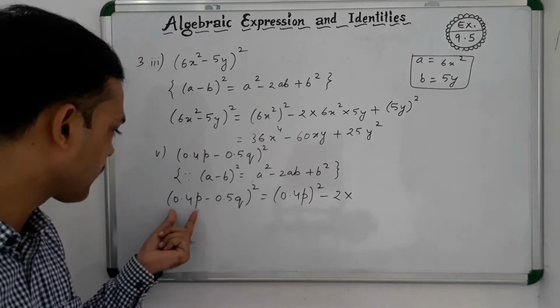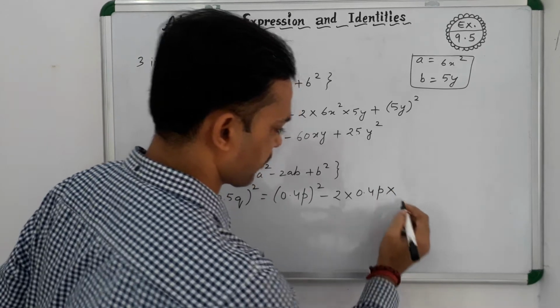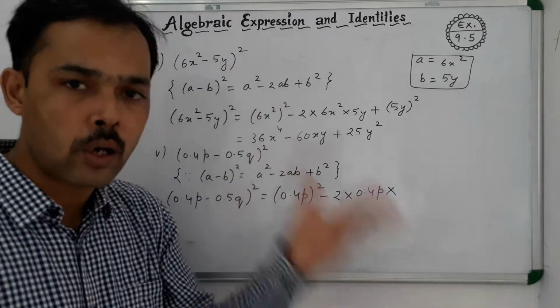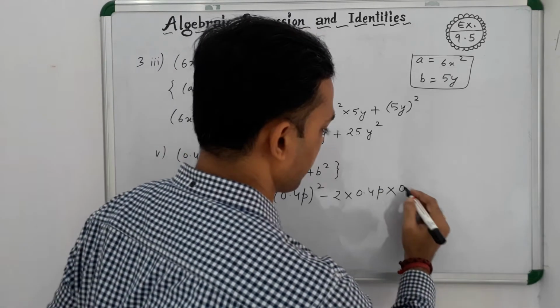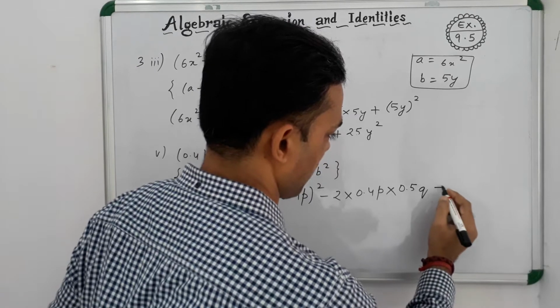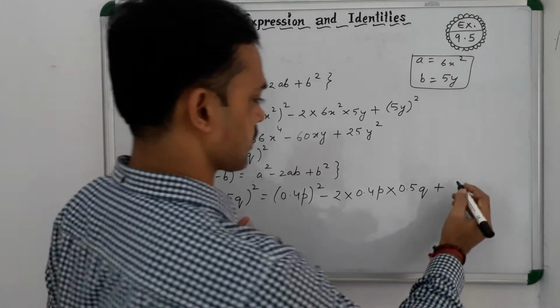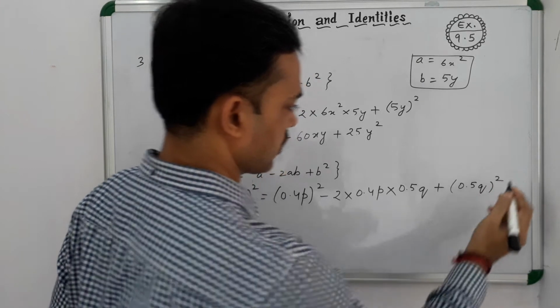At place of a we will write 0.4p. It is ab means a into b. We have written a, now turn is of b. What is b? b is 0.5q. Plus b², which means (0.5q)².